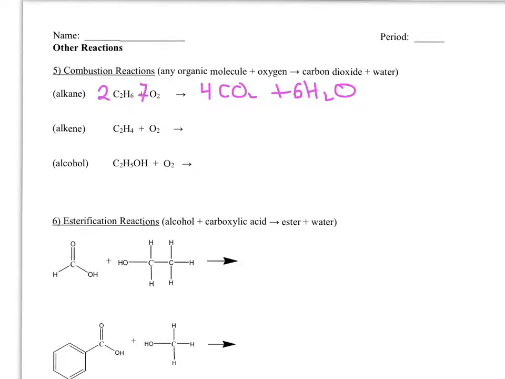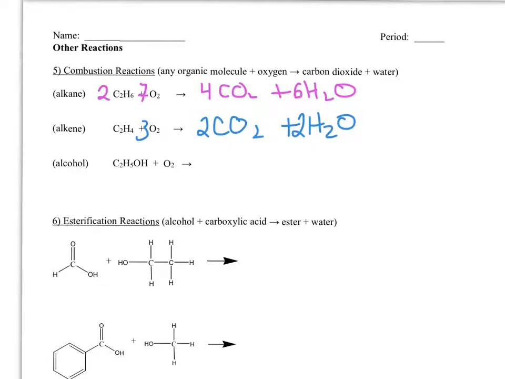Next one, again, CO2 and H2O. So let's see, 2 carbons, 4 hydrogens to make that a 2, and then 3 O2s, and that should be balanced. Okay, last one.